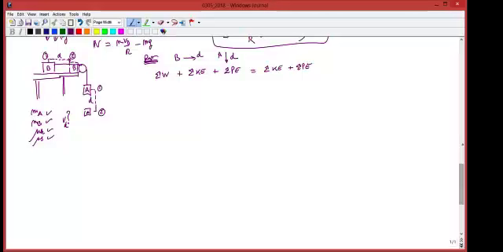Next is to pick a coordinate system, because we know we're going to need it for PEG. We have the choice to either pick one coordinate system for both, or you could pick one for each. I will do the second case. I will pick one for B, and one for A. I would strongly suggest that you redo this problem by picking one that is common and see what the difference will be.